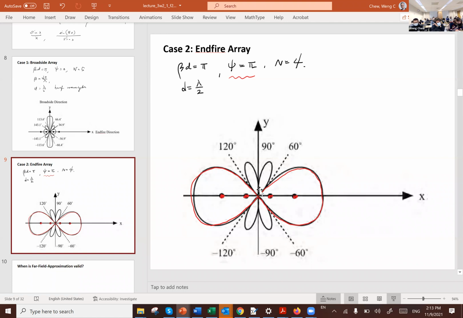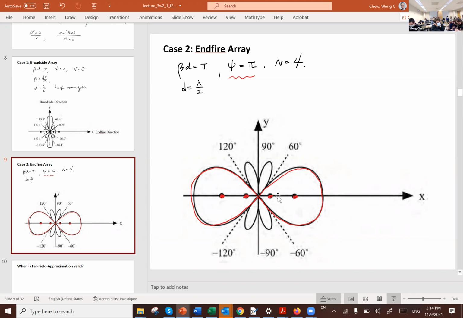However, you get destructive cancellation in this other direction because the elements are actually out of phase with respect to each other. So if this is 180 degrees out of phase with respect to each other, and this is 180 degrees out of phase with respect to each other, they cancel each other in this direction. And then they add constructively in the horizontal direction.